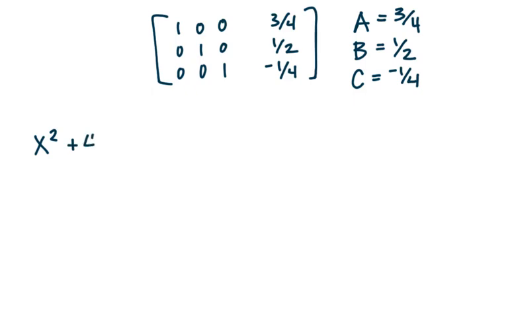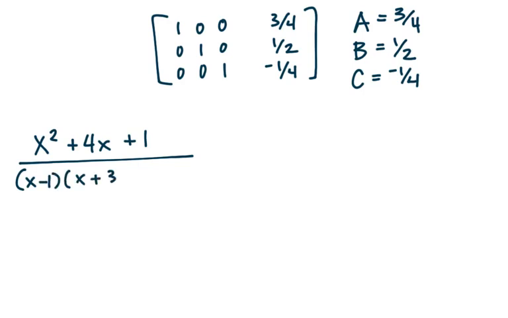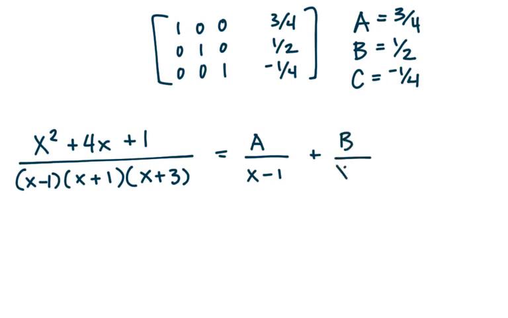We had x squared plus 4x plus 1 over the factors x minus 1, x plus 3, well, we actually had plus 1 first, and x plus 3. And we want to make sure we're writing exactly the same way. I have A over x minus 1 plus B over x plus 1, and then plus C over x plus 3.